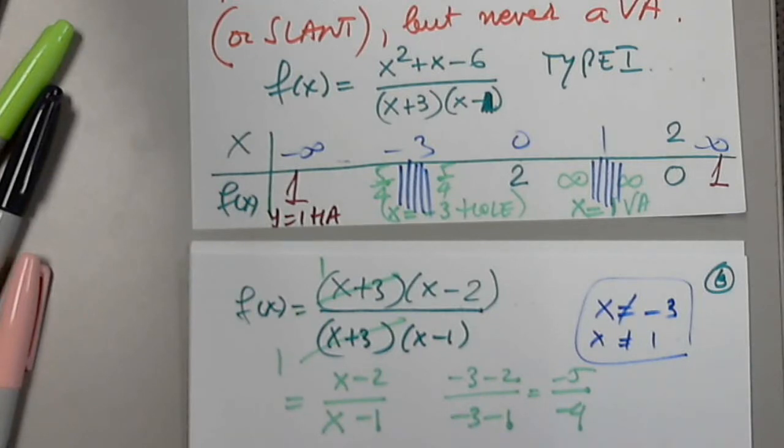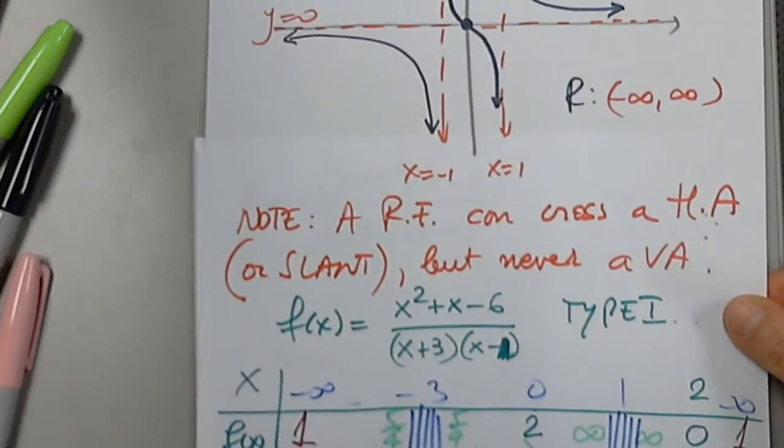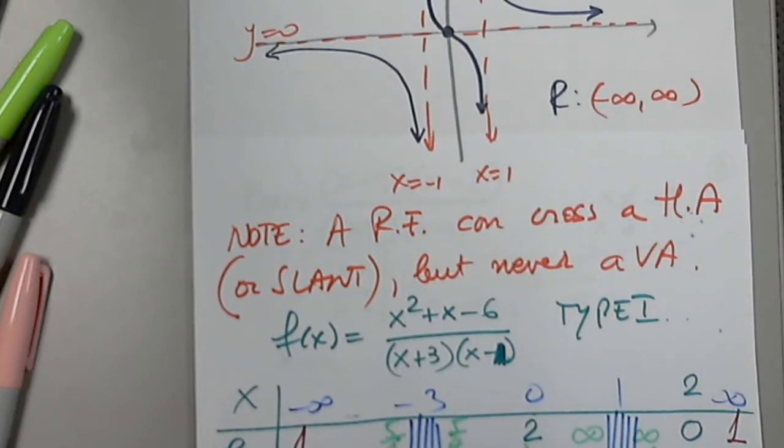This is it. Let's try and make sense of the information we have here. Ready? From approaching 1, it's coming from 1 to 5/4, right? So it's going up. 5/4 is more than 1.